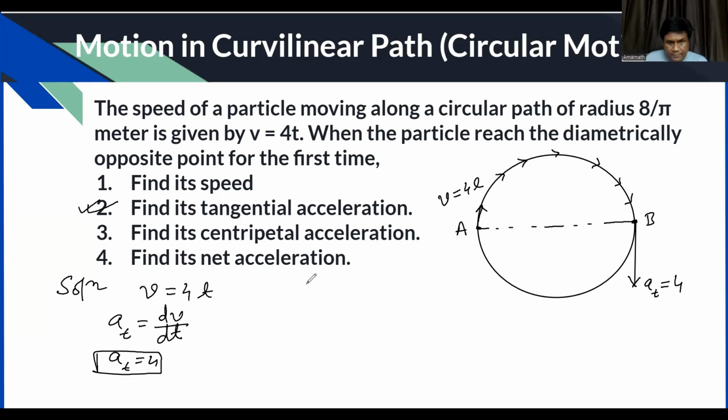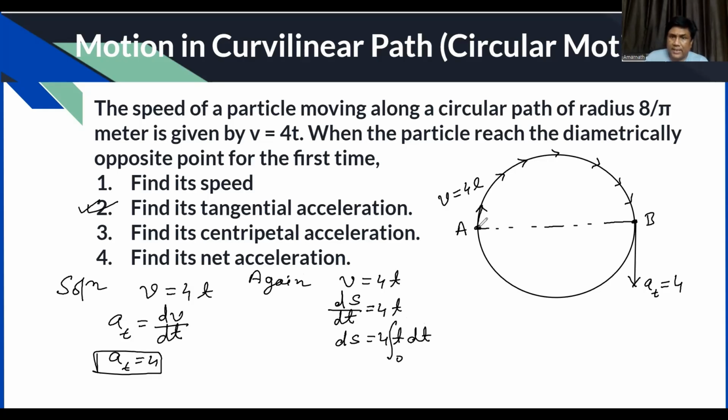Now, again, you see, speed equal to 4 into t. But you know that speed is distance by time, so it is the rate of change of distance. So ds equal to 4t dt. But remember, when time was 0, the particle is at this position, so distance was 0.